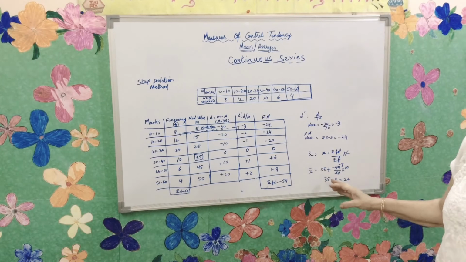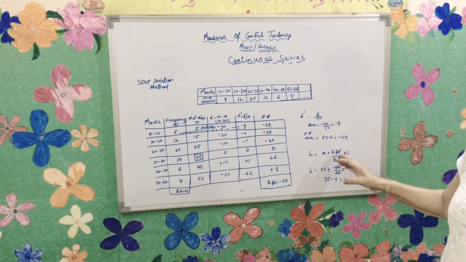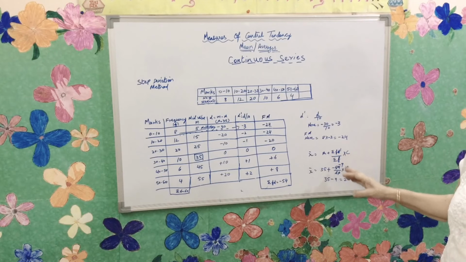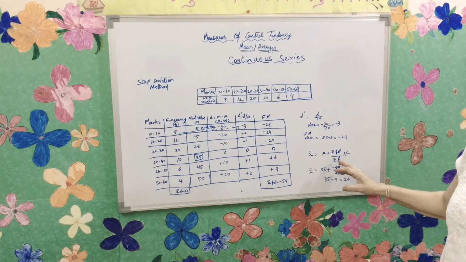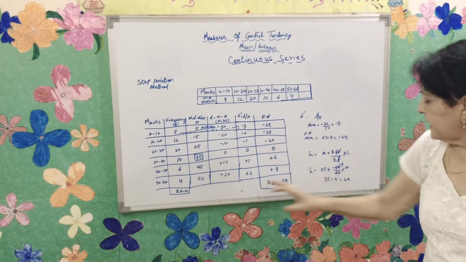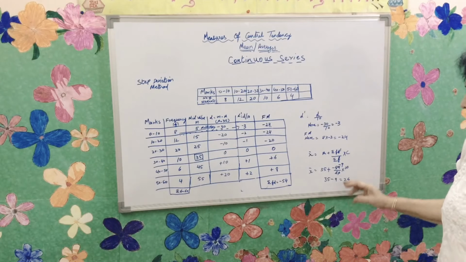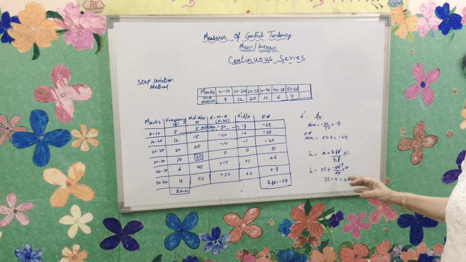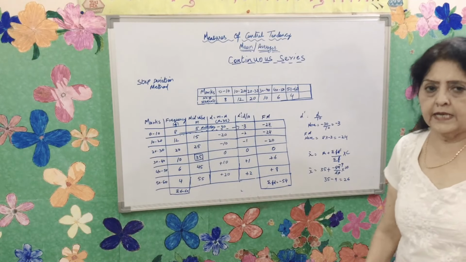X bar is equal to the assumed mean 35 plus sigma fD dash is minus 54, sigma f is 60, into common factor 10. We solve it, we get minus 9, 35 minus 9 is equal to 26.